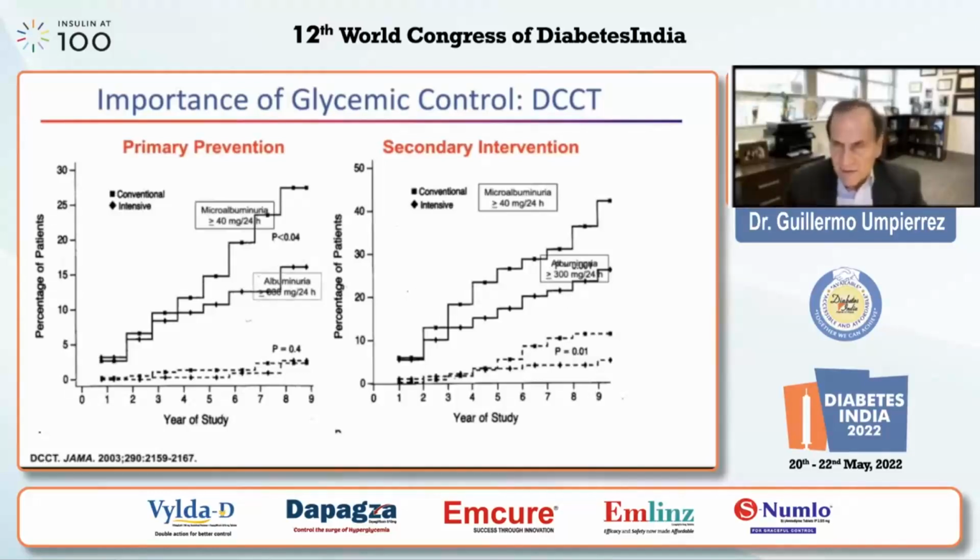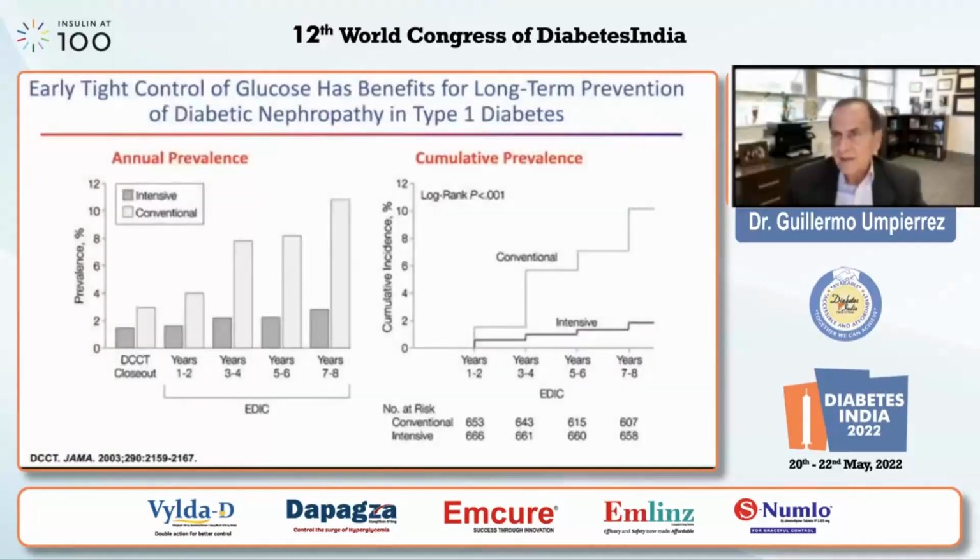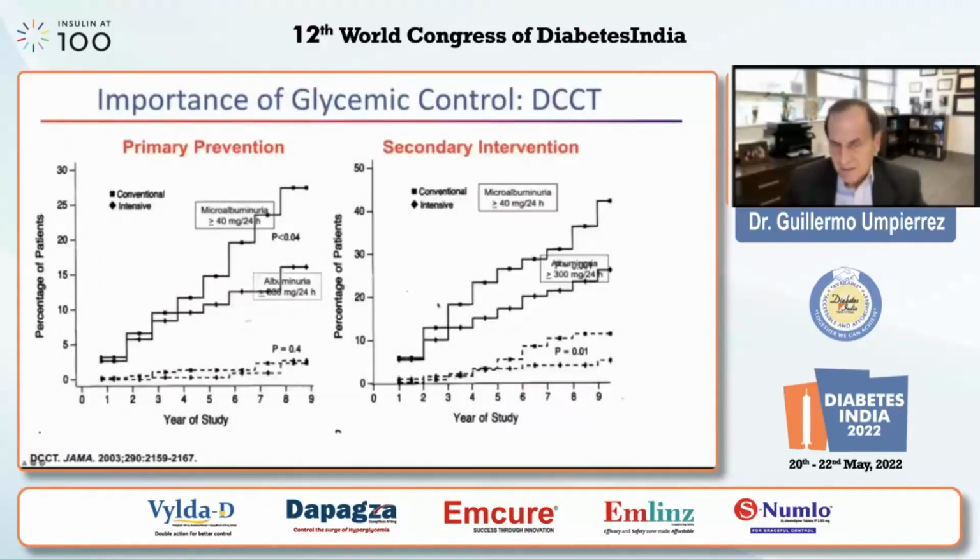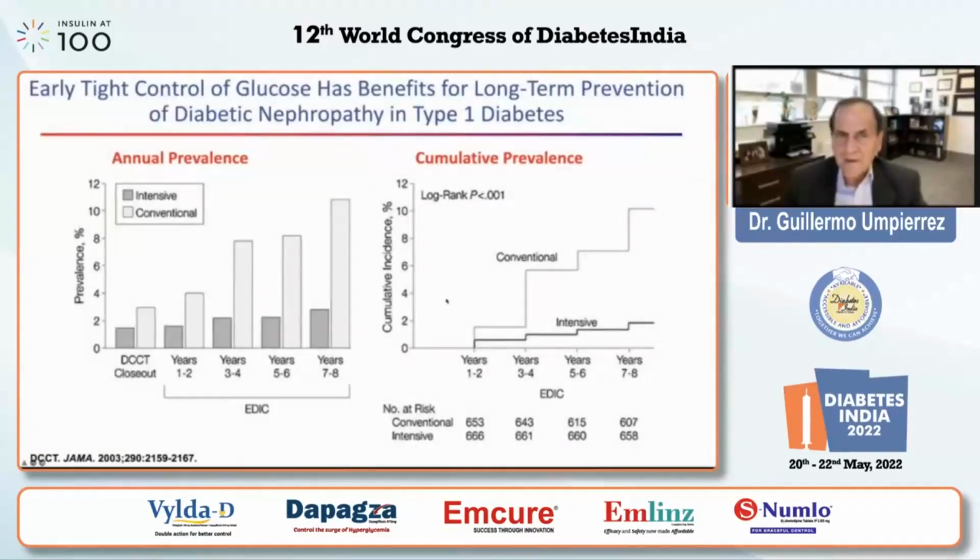So in type 1 diabetes, improvement of glycemic control, getting the hemoglobin A1C less than 7, was effective in primary and secondary prevention. That study was 6.5 years. Now we have been following these patients long-term, up to 30 years, and we have what we call a legacy effect.